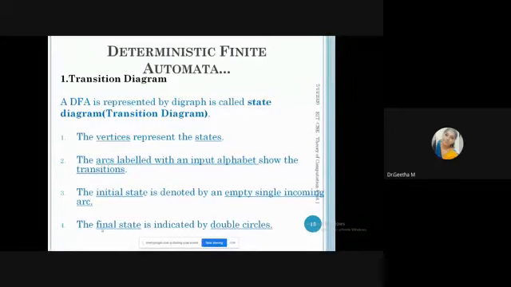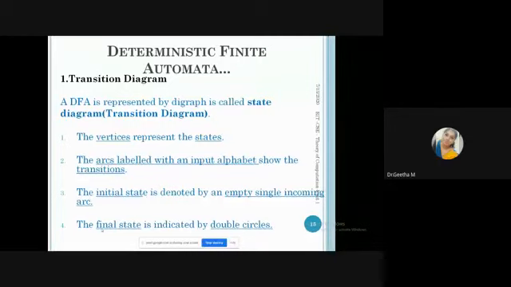See the first point: the vertices in the directed graph represent the states. Then the arcs labeled with input alphabets show the transitions. Then, coming to the third point, the initial state is given by an empty single incoming arc. Then the final state is indicated by double circles.